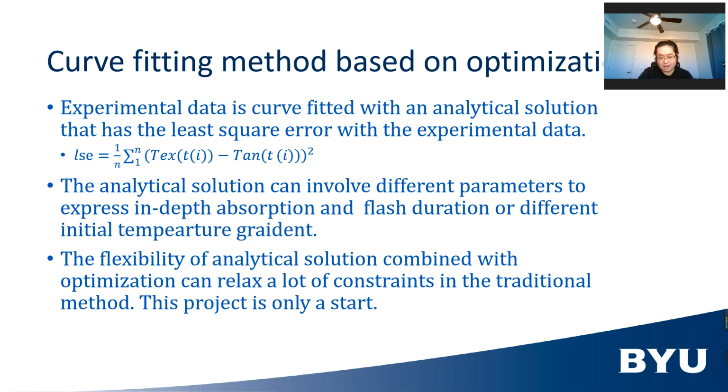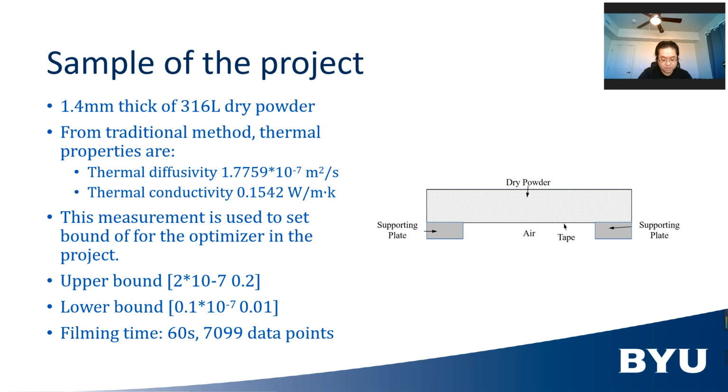The flexibility of the analytical solution combined with optimization can relax a lot of constraints in the traditional method, and this project is only a start. So in order to compare with the traditional method, I created a sample that can be measured by the traditional method. It is 1.4 mm of 316L powder resting on tape. The tape is thin and its thermal effect can be detected.